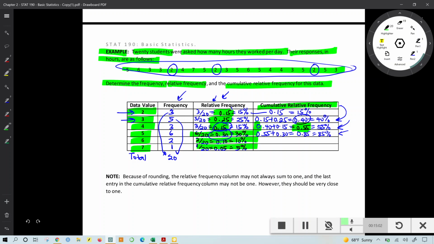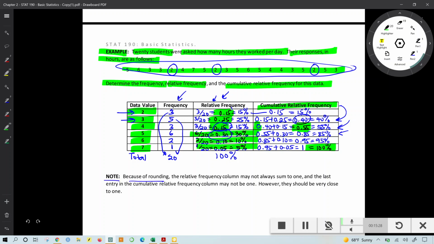Then 0.85 plus 0.10 is 0.95, that's 95%, and 0.95 plus 0.05 is 1, or 100%. Again, note, the final cumulative relative frequency is always equal to the total relative frequency.